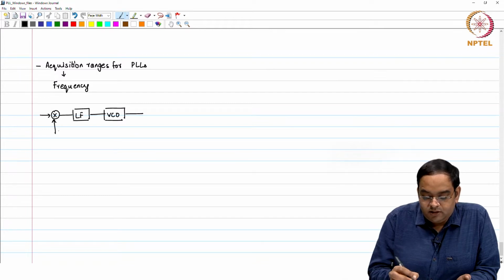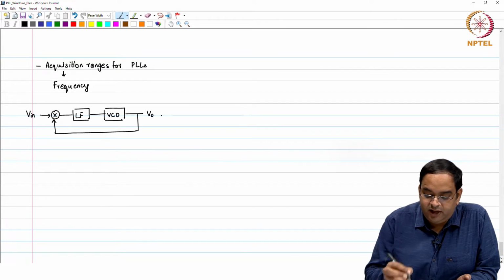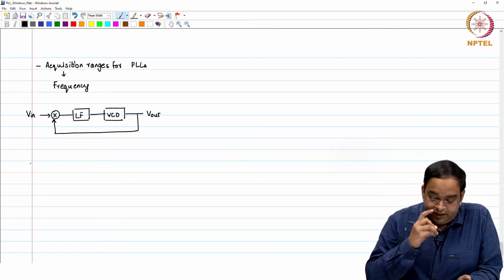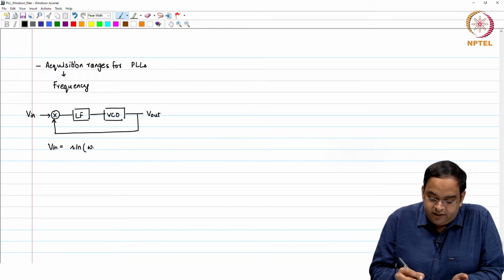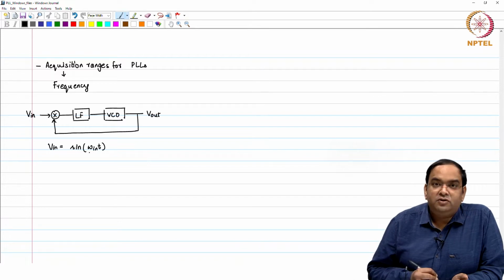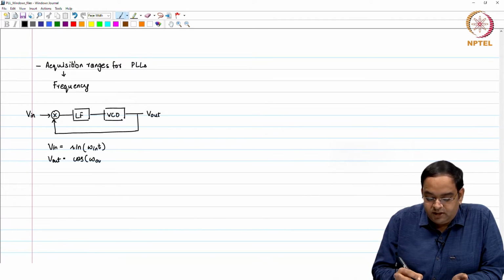We have been studying this example from the beginning, so it is always good to figure out all the things related to that example PLL. Here V in and V out are as shown. V in is equal to sine omega in t, V out is cosine of omega out t.